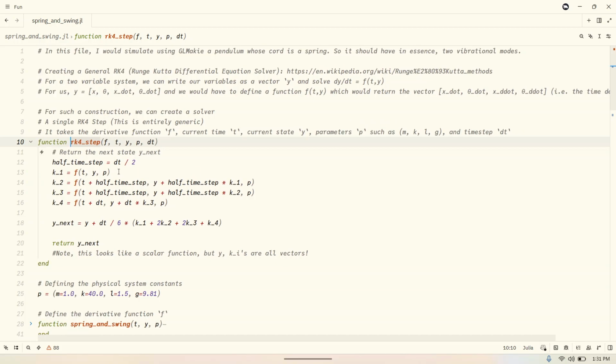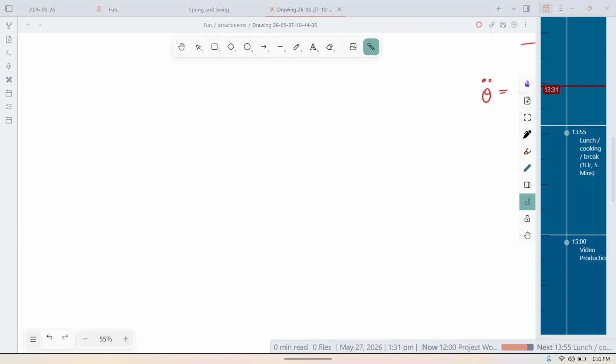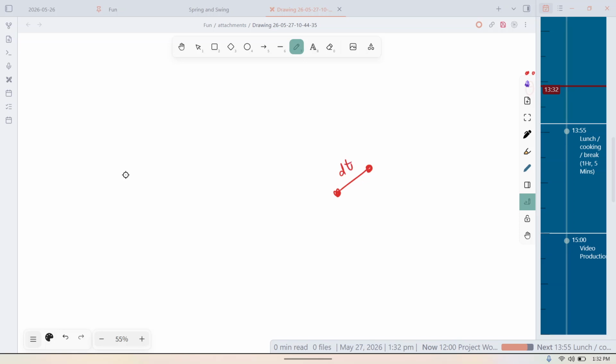In essence, I can probably draw this. Say you have a point here, and you know that it has a slope. So a naive way to find the next point on your curve is to just multiply this slope by dt and get this next point.